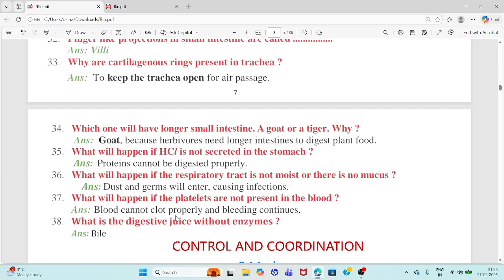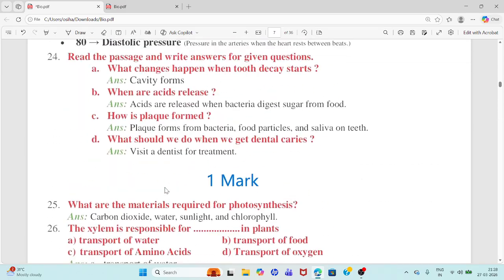Answer: blood cannot clot properly and bleeding continues. What is the digestive juice without enzymes? It is bile juice. So, 38 questions we have learned.